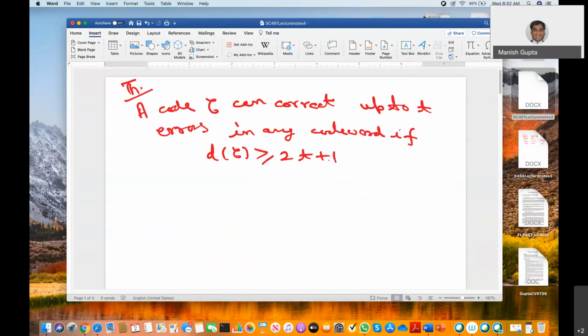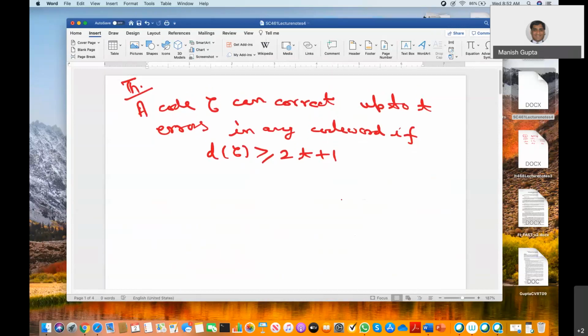Very beautiful result. The minimum distance of C can tell us how many errors it can detect, and it can also tell us how many errors it can correct. So let me show you this result.